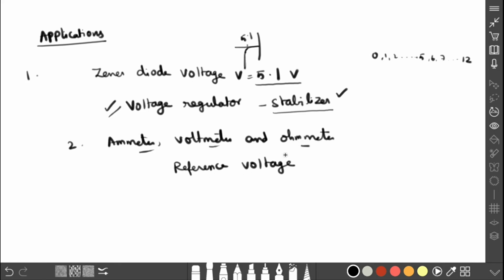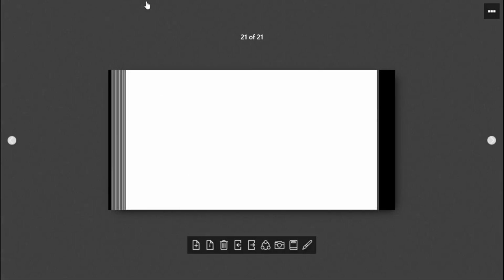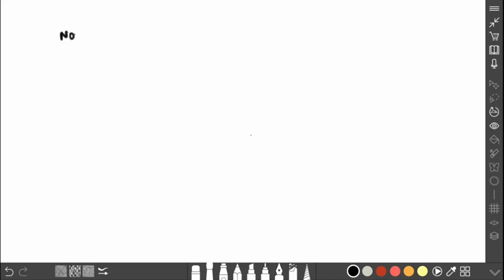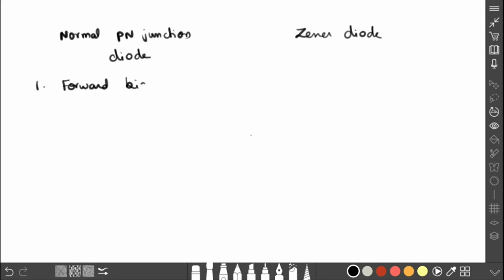Next, I said I am going to compare the normal PN junction diode and the Zener diode. So what is the comparison between them? The first one: the normal PN junction works only under forward biasing, but a Zener diode will work in both forward and reverse biasing.